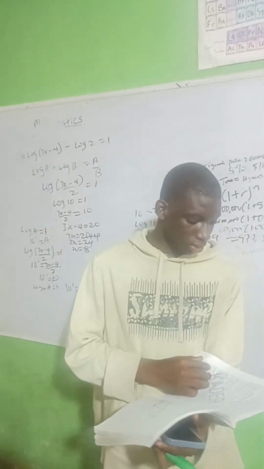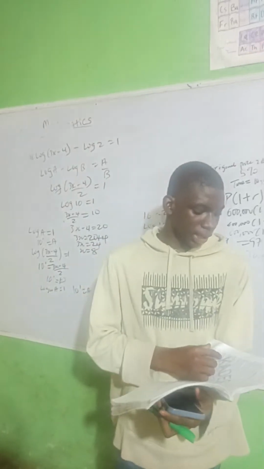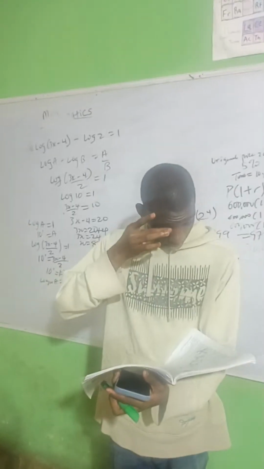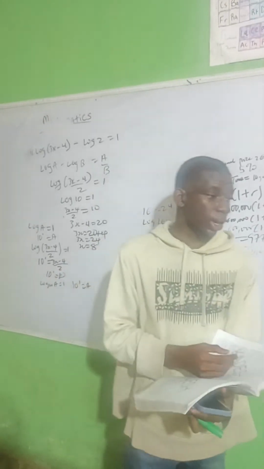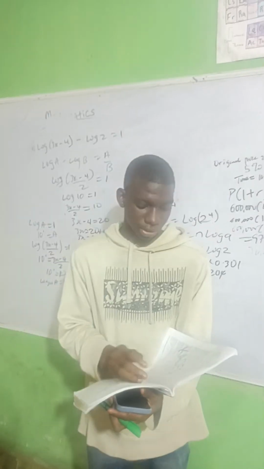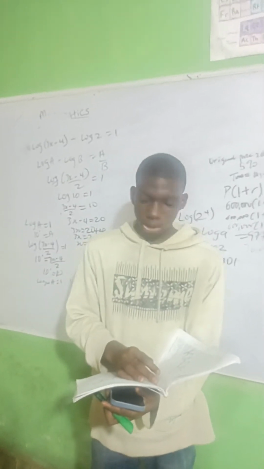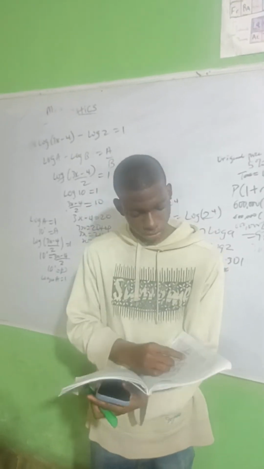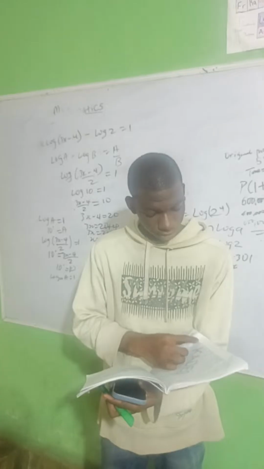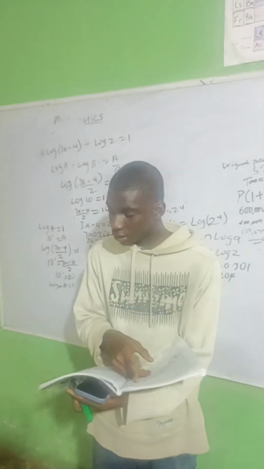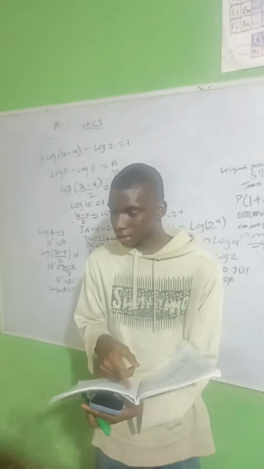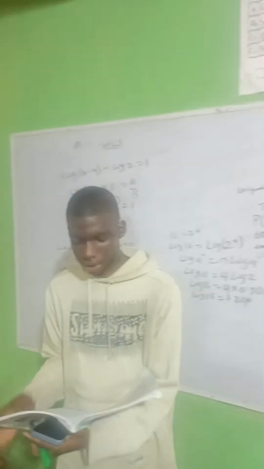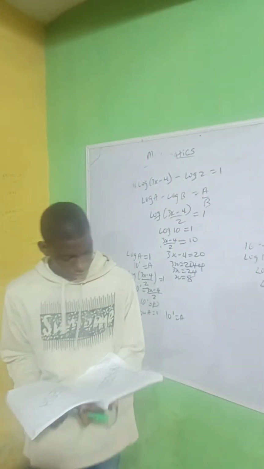If 27 raised per x is equal to 9 raised per minus y, then what is the formula that is connecting x and y?